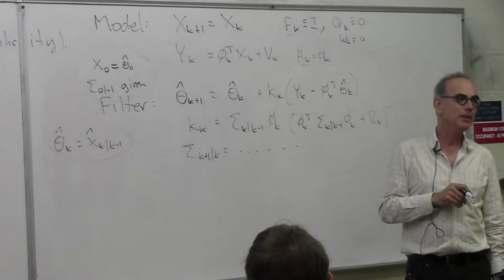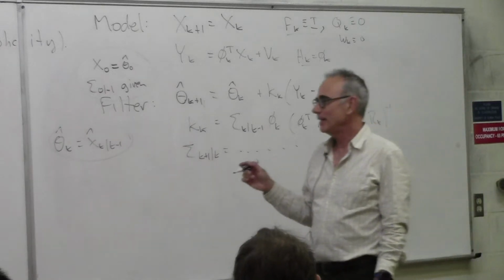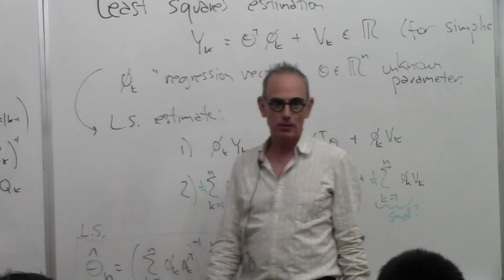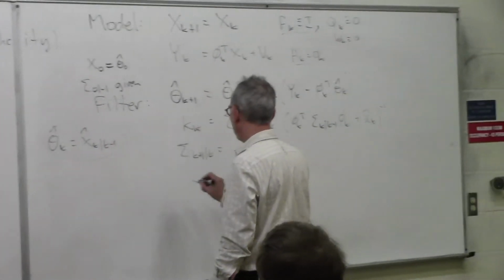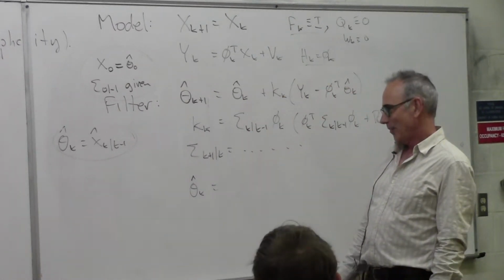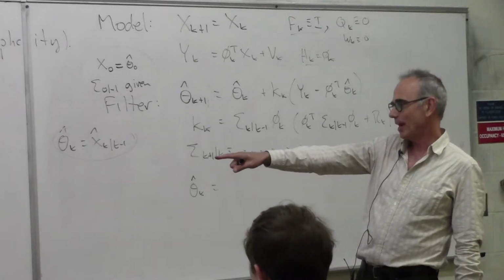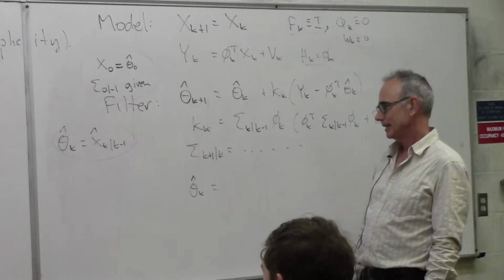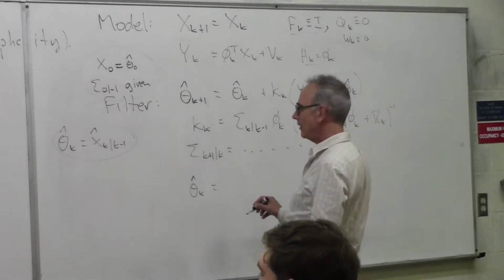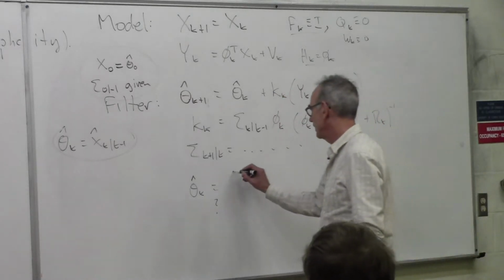I couldn't find it online even, but this whole thing unravels. And what you end up getting is basically the same thing, but you end up getting an initial matrix here. You end up getting that theta hat k is actually, and again, I thought I'd be able to find it, and I couldn't, but I'll send this off to you in a note later. It turns out to be just that with some modifications. I have to put a question mark here because I just discovered this morning that I didn't have it.